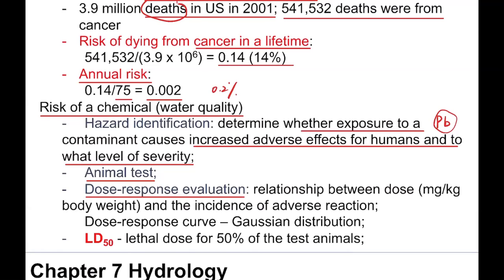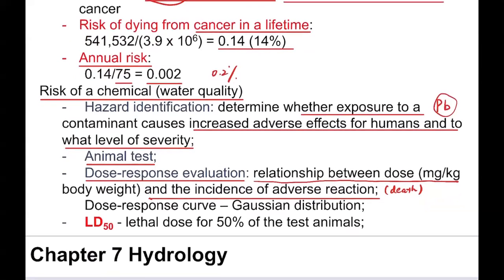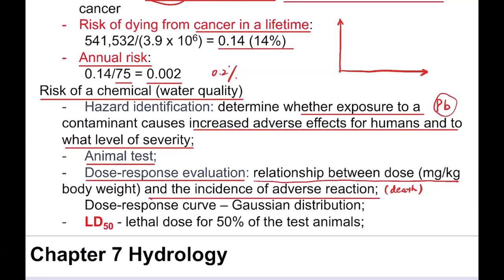So basically what we want to generate is the relationship between dose and the incidence of adverse reaction, and here it is death. The relationship is generally shown on this curve here. On the x-axis is dose, on the y-axis is the percentage of deaths.